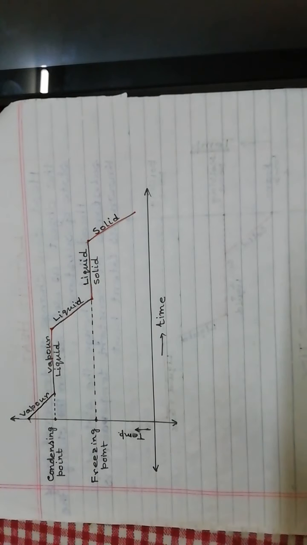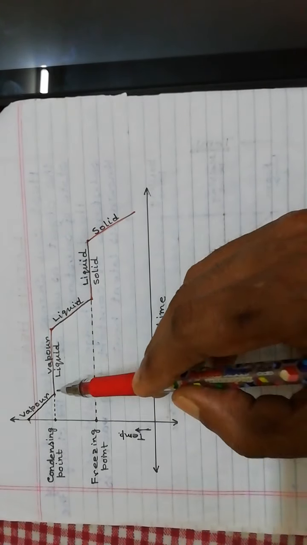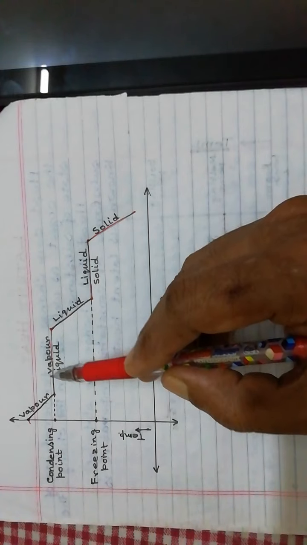When the vapor is cooled, its temperature first decreases. When it reaches the condensing point, it starts to convert from vapor to liquid, and in that portion vapor and liquid coexist.